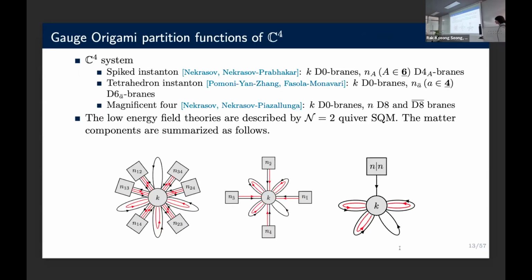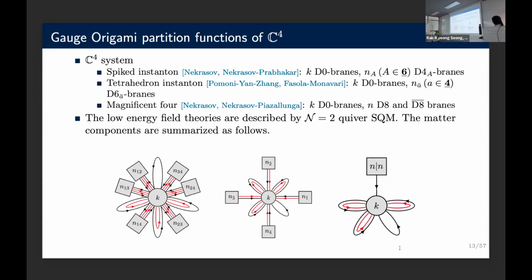So let me introduce basic partition functions of this C4. If you focus on C4, we have three setups: spiked instanton, tetrahedron instanton, and also the magnificent four. For the spiked instanton, we can place six types of D4 branes along the C2 and probe it with these branes.